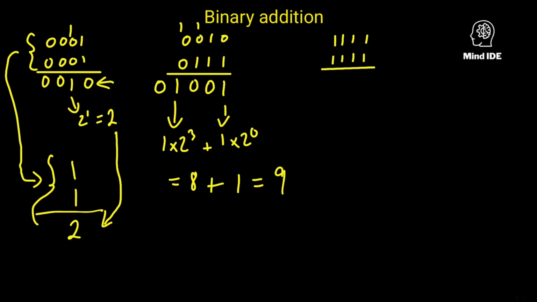Okay, and this last one here, if we go 1 plus 1 is 2, so we put 0 because we have a rollover. And then 1 plus 1 is 2, so that is 1 with a rollover. Plus 1 is 1. 1 and 1 is 2. Plus 1. 1 and 1 is 2. Plus 1.